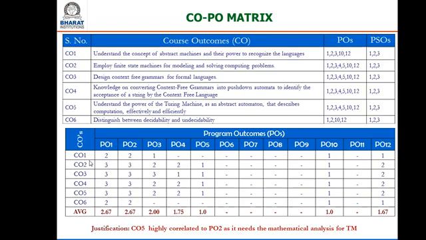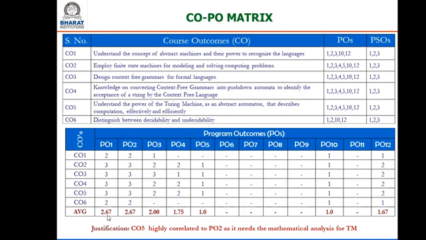After completion of this mapping table, we have to calculate the PO-wise average of all the COs. Now you can see PO1: wherever it is mapped under COs, take the average of all those respective CO values. So here PO1: 2 plus 3 plus 3 plus 3 plus 3 plus 2 divided by total 6 COs.